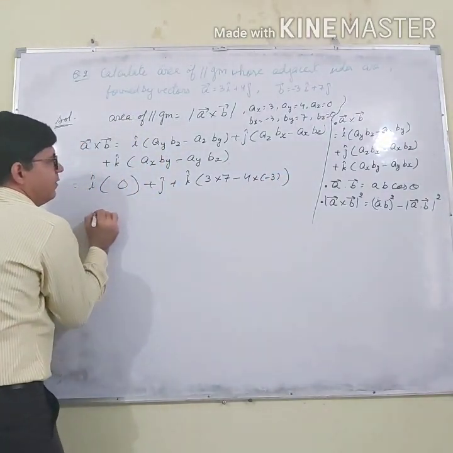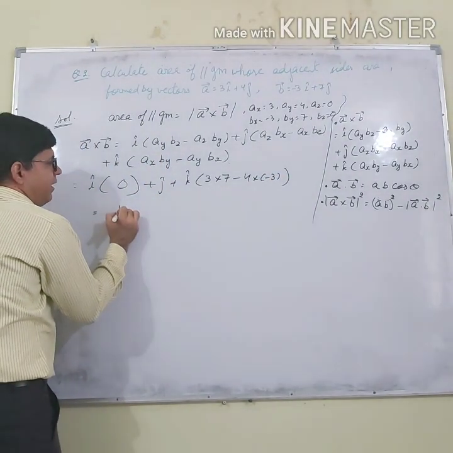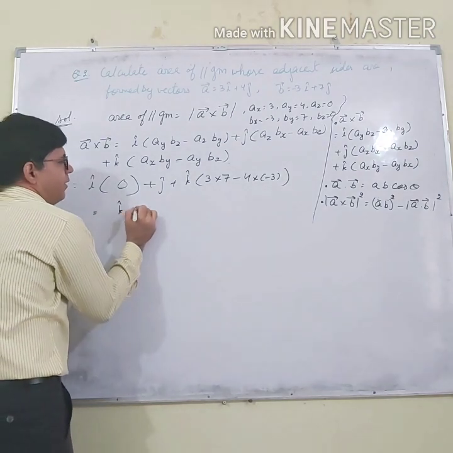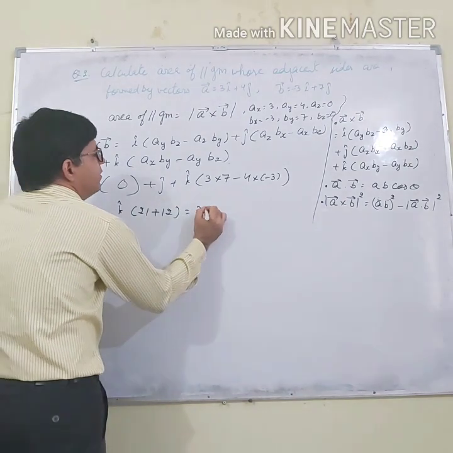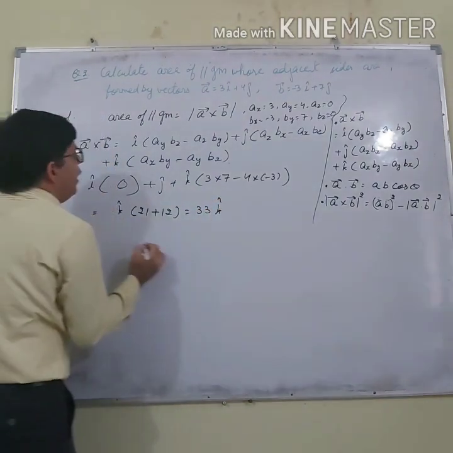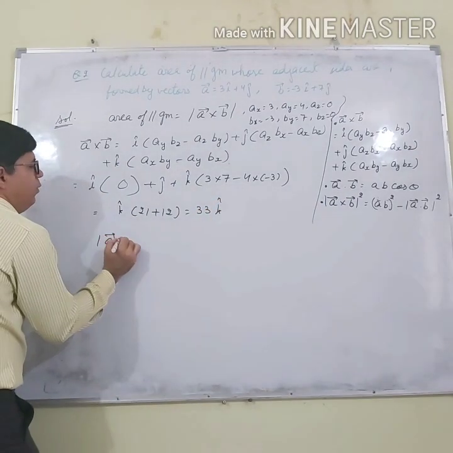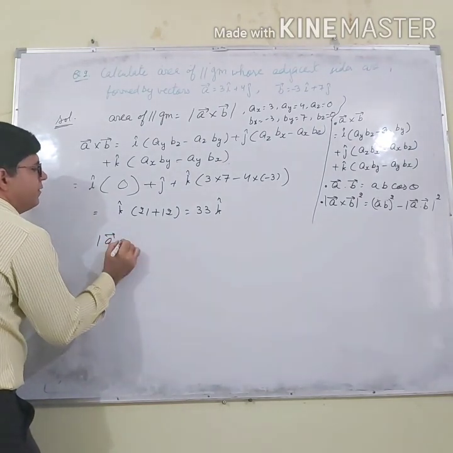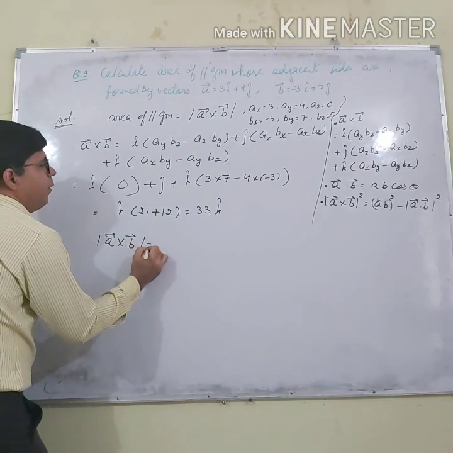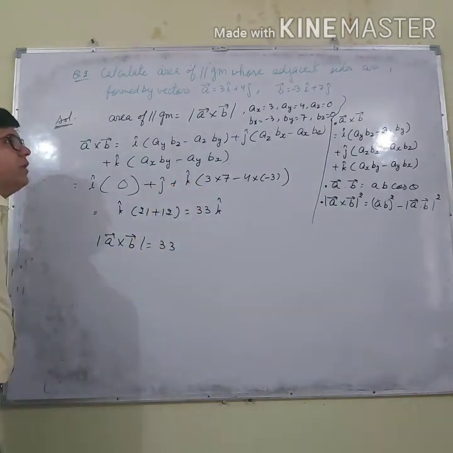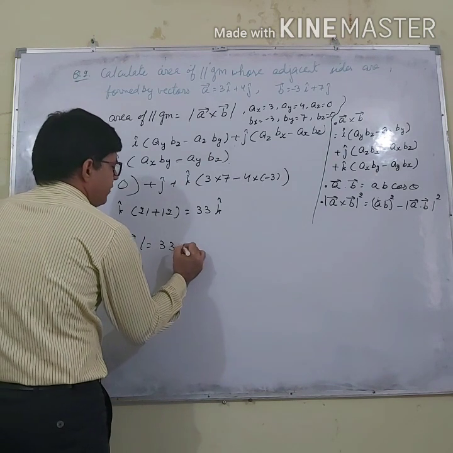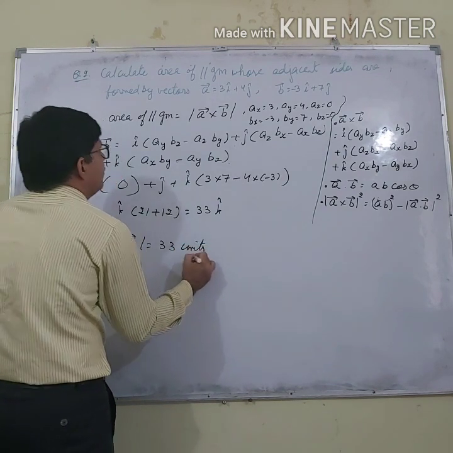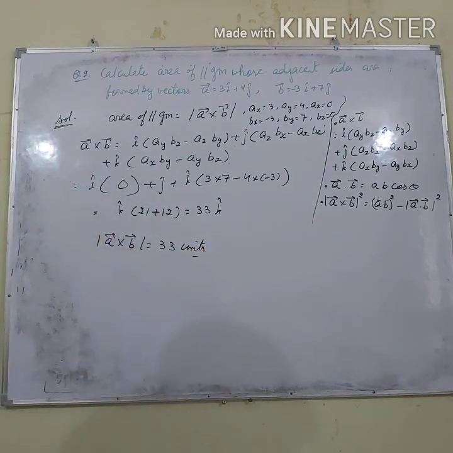Minus minus is plus, so you can say k cap is 21 plus 12, so this is 33 k cap. And what is the magnitude? Magnitude of a cross b is 33, because k cap is a unit vector. So my answer is 33 units. So this is the area of the parallelogram.